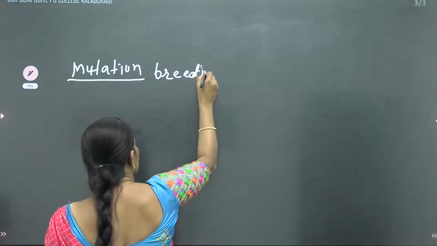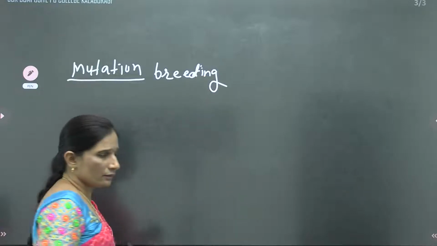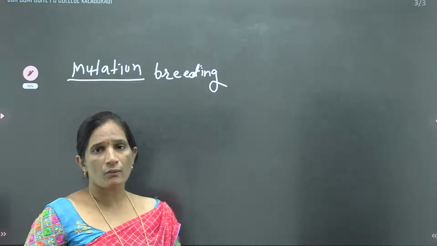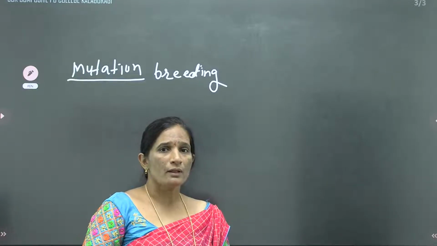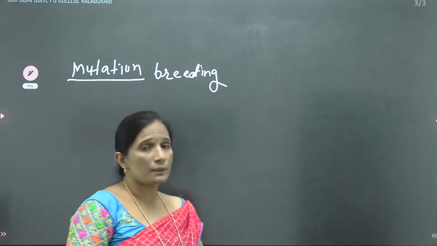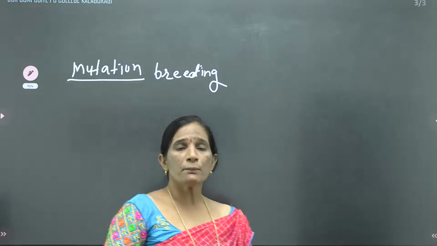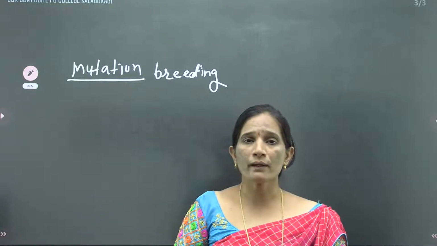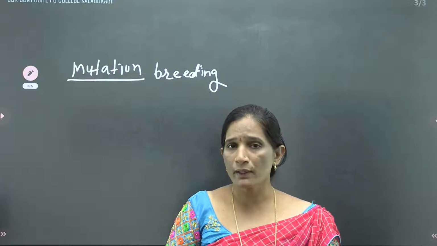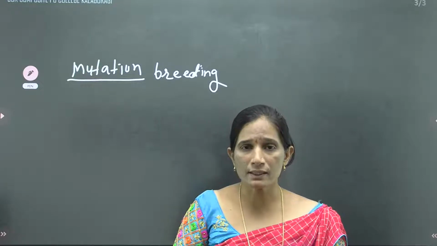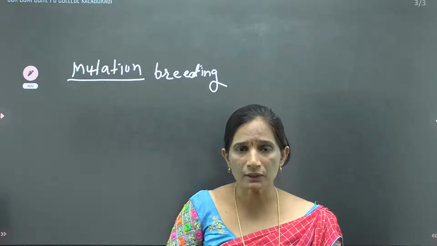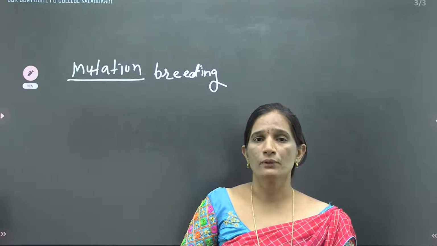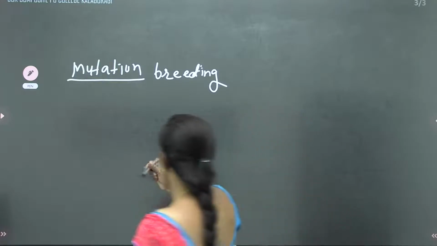We studied about mutation, what is meant by mutagen and what the mutagens are. Now we are going to study what is meant by mutation breeding. So mutation breeding means improvement of crops by changing the genotype of a plant by induced mutation.